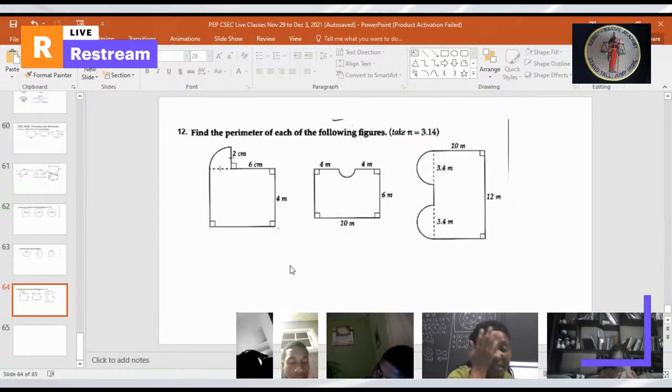Use what you just did in the questions a while ago, that same principle, to find the arc. Remember, this is an arc. Imagine this circle right here. This circle will complete right there, with a radius of 2 centimeters.